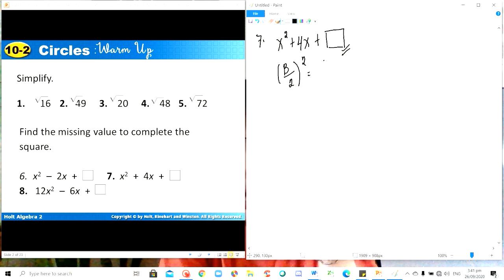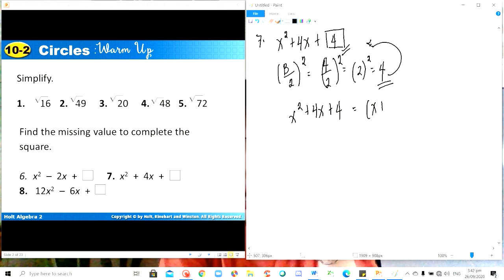So what is your b? It's 4 over 2. Then the square of 4 over 2, that's 2 squared, that's 4. So this must be added to this given. So you now have a perfect square, you have completed the square already. Plus 4. So how do you write this in its factored form? That is x plus 2 and x plus 2, or x plus 2 squared.